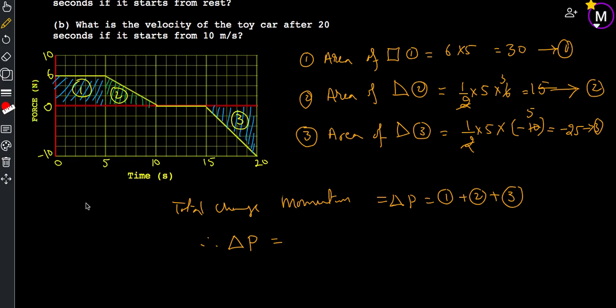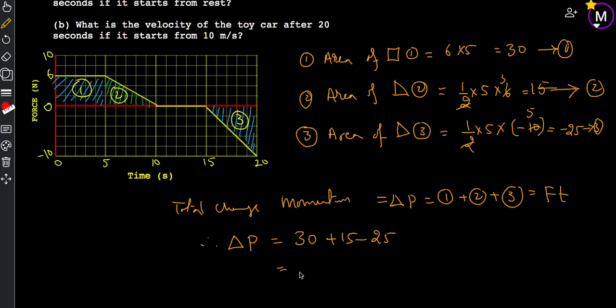Because delta P, the change in momentum, is equal to force times time. So delta P equals 30 plus 15 minus 25.